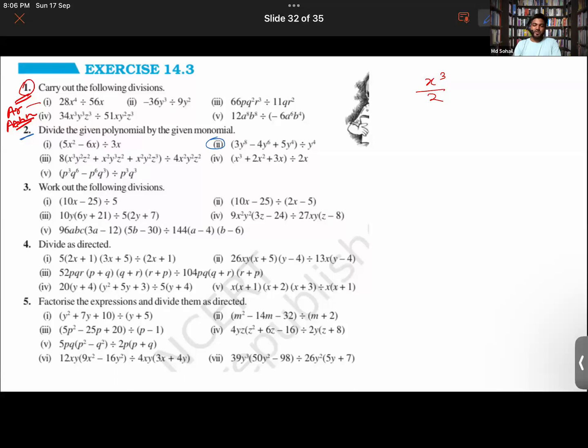Suppose you are not getting any terms common in the expression, then you will be dividing each term separately with the given monomial.